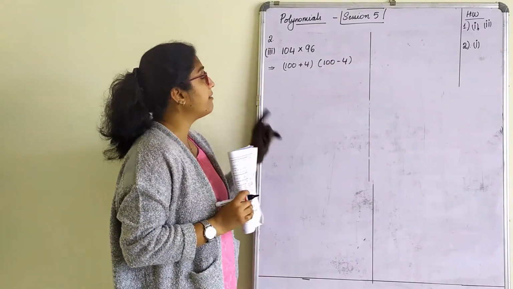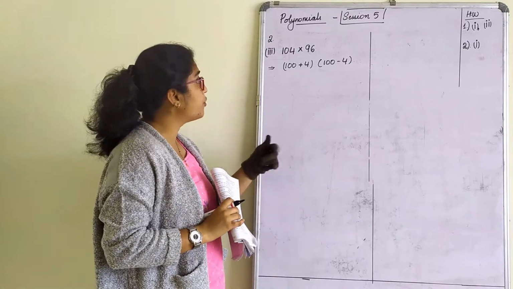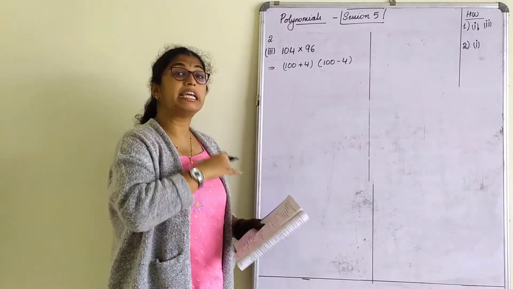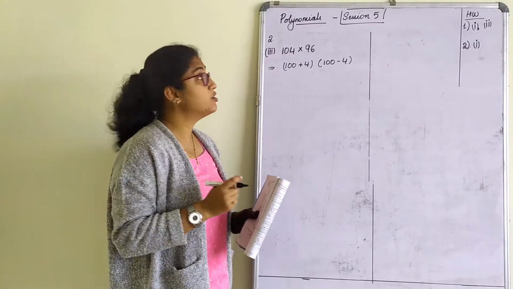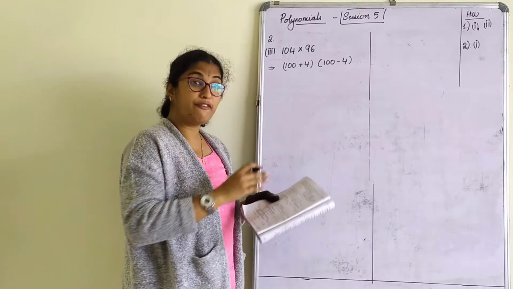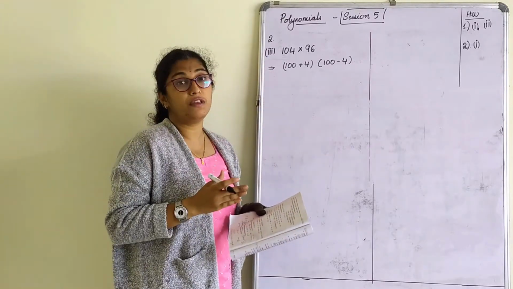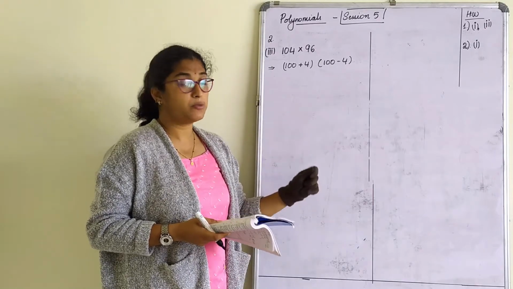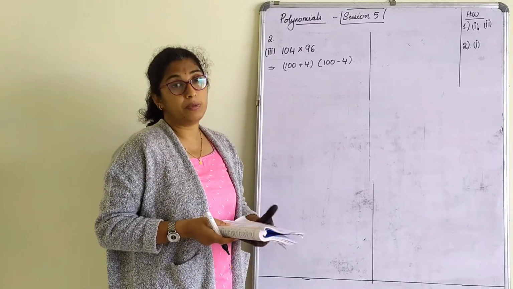Suppose you write 104 as 100 plus 4 and 96 as 90 plus 6, you cannot apply any of the identities there. So the numbers also, what type of product they give you, will be of the form of any one identity, x plus a, x plus b, or a square minus b square kind of thing.